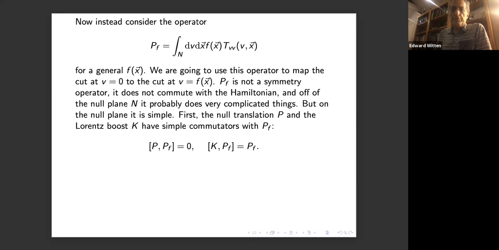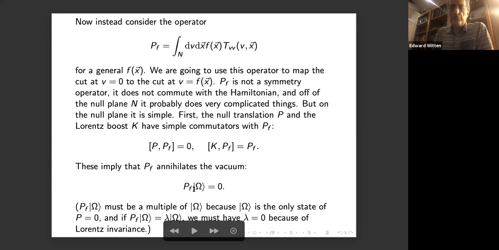First, the null translation p and the Lorentz boost k have simple commutators with p sub f. So p sub f commutes with the null momentum, and the null Lorentz boost generator doesn't do anything to the normal coordinates, so this weighting by f of x doesn't matter. So it just rescales p sub f.